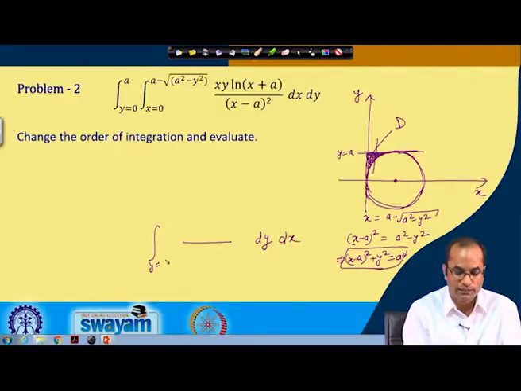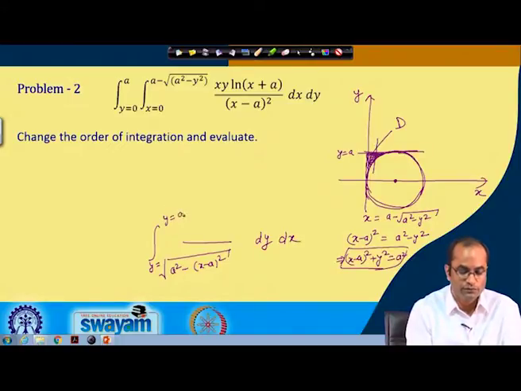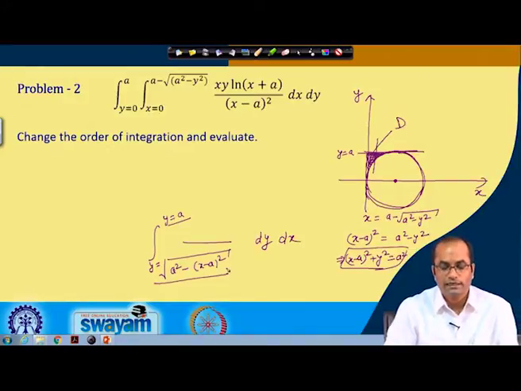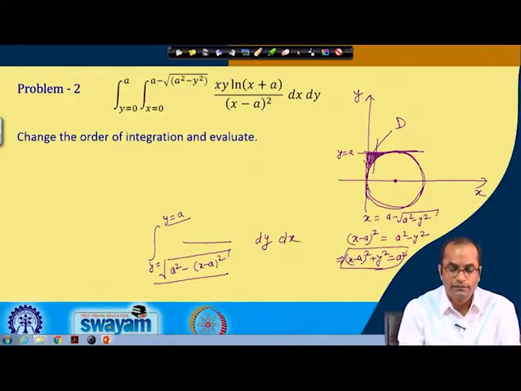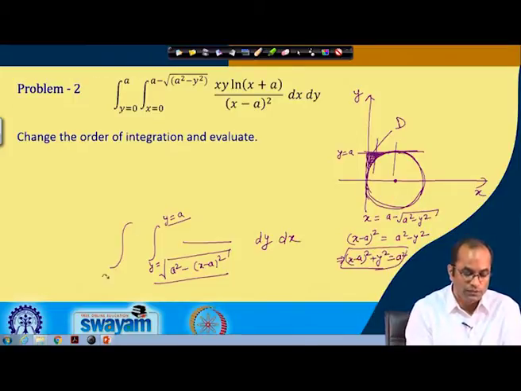That will be y is square root of a square minus x minus a whole square, that is the lower limit of y, and it exits at y is equal to a. So, this is y is equal to a, the upper point. And now, for the x direction, it is fixed now from x is equal to 0 to x is equal to a, because these lines move from x is equal to 0 to x is equal to a. So, that is the outer limit of the integral.